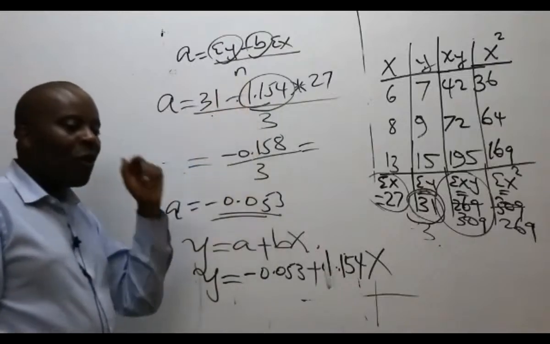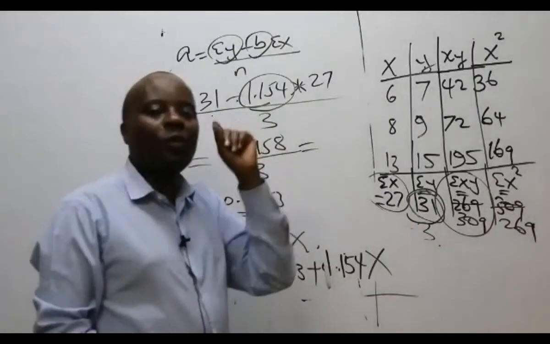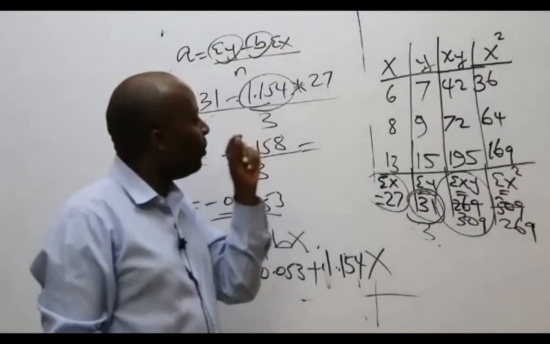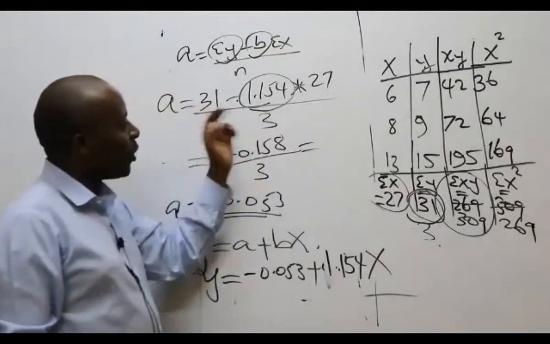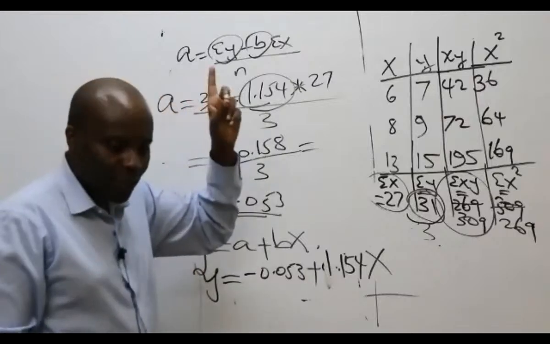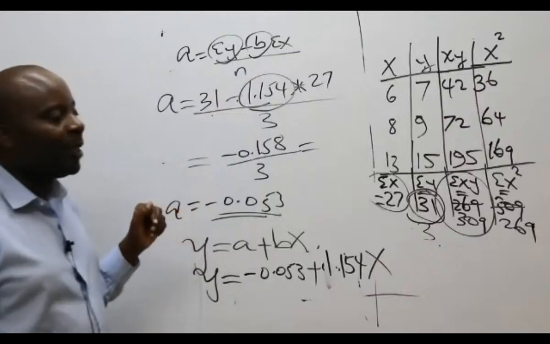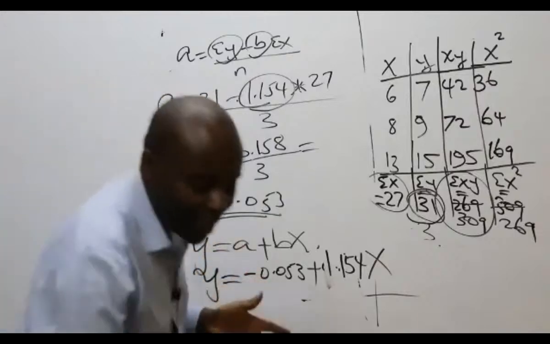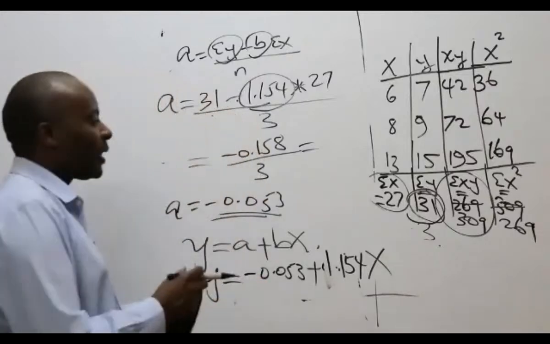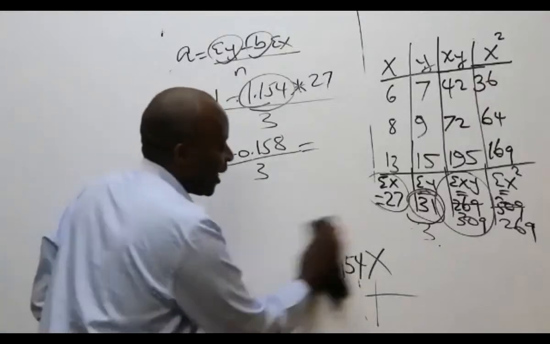3. Fatima, umekosea, haujatafuta numerator kando. Lazima utafute numerator kando na calculator yako. Numerator, useme 31 minus 1.154 times 27, useme equals. Fatima, please, mimi najua, nimemark exams za CASNEB for so long, and I know the biggest mistake that students do.